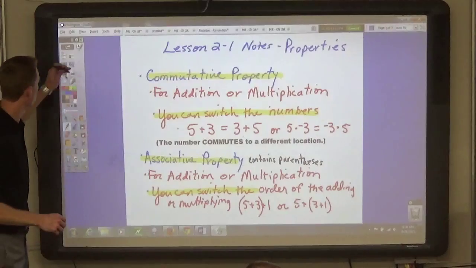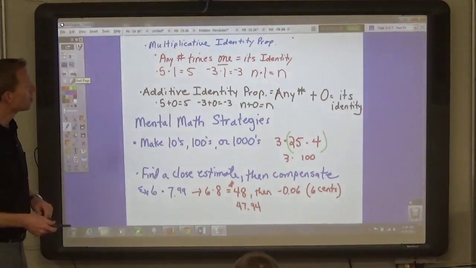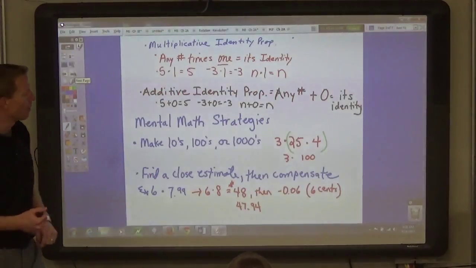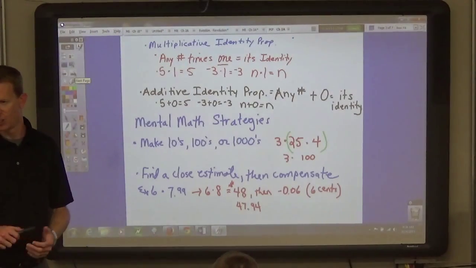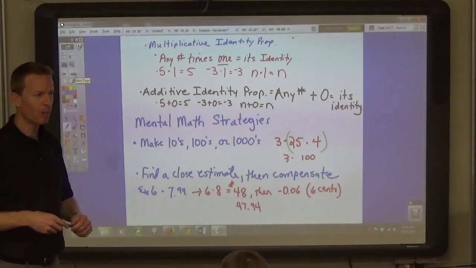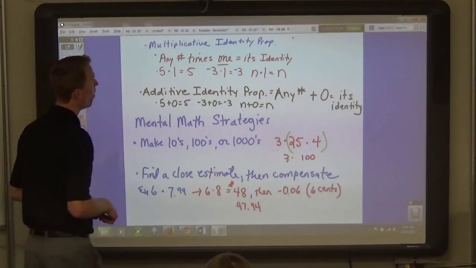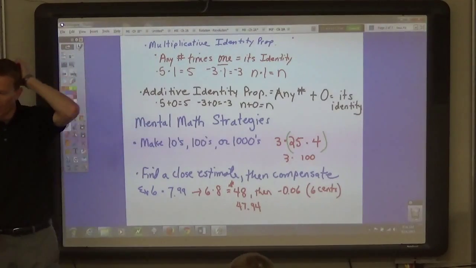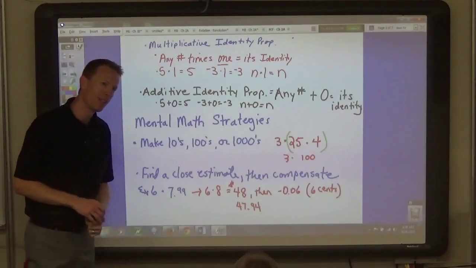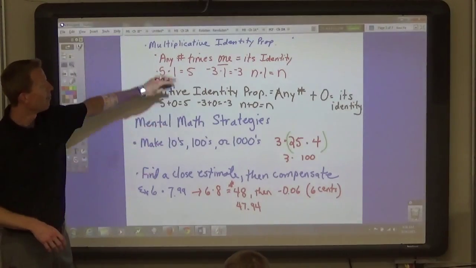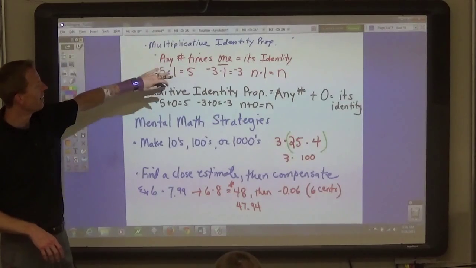Okay? Let's go on to the multiplicative identity property. My favorite word in math, multiplicative. It's just fun to say. Or sometimes the boring way to say it is the identity property of multiplication. I'd much rather say multiplicative identity.